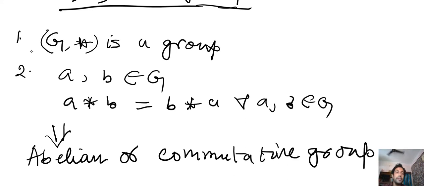In other words, if each and every element A and B in G with respect to this binary operation star commute with each other, then it is an abelian or commutative group.